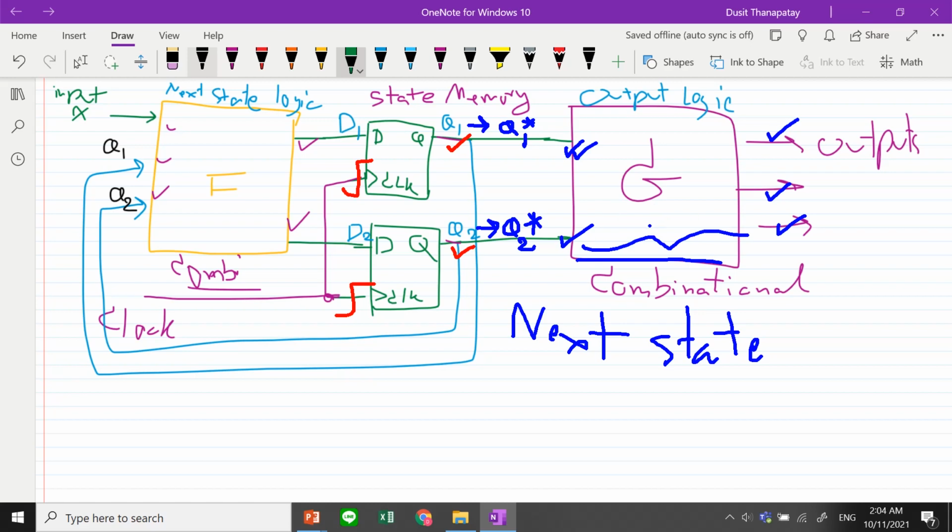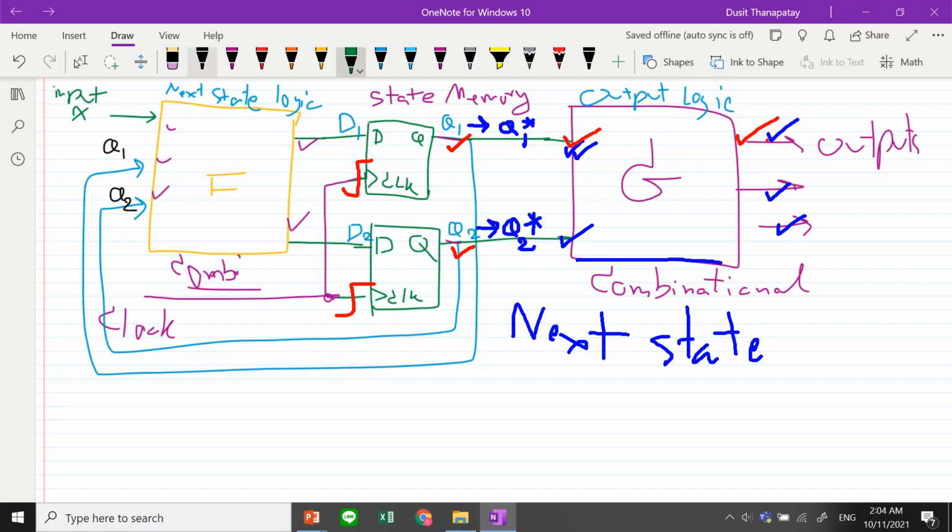But for now, for easy understanding, you can consider that when input changes, its output changes certainly.